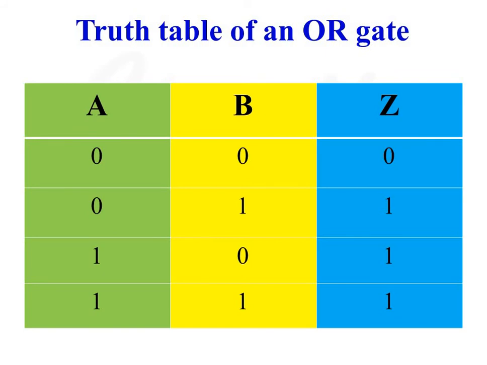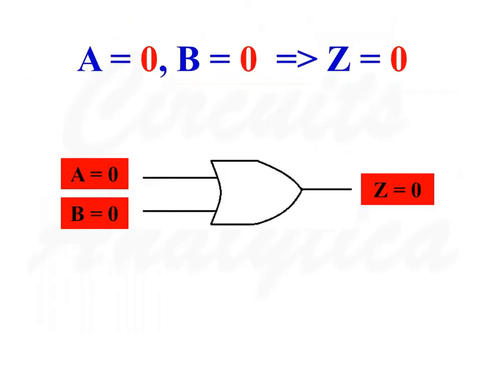If any one of the two inputs is existing at logic 1, then output is equal to 1.